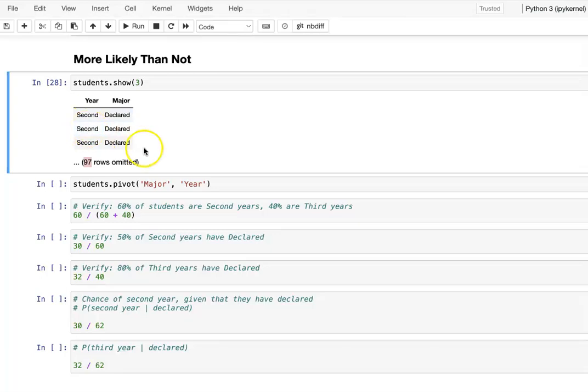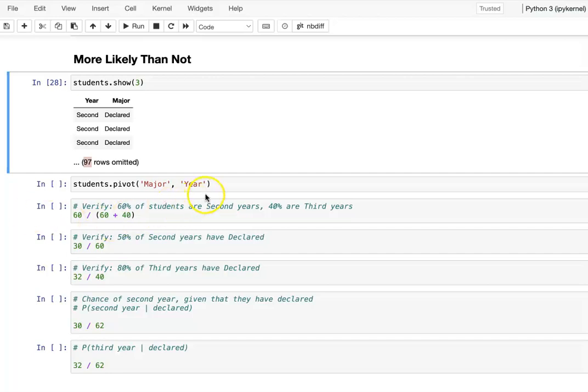The same thing for third year, but there 80% declare. Then we told you we select a student at random, and we know this student declared their major. We ask whether this student is more likely to be second year or third year.